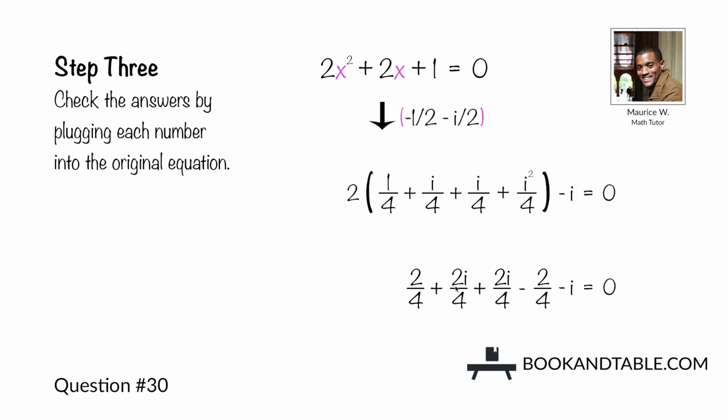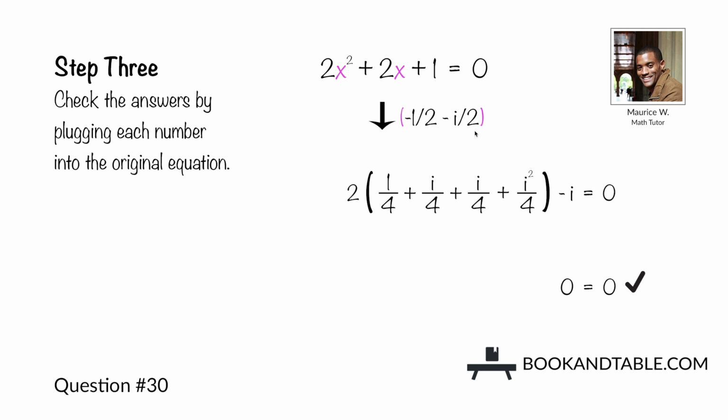And we have 2i plus 2i, which is 4i over 4. 4 divided by 4 is 1, giving us 1 times i, which is i. i minus i is equal to 0. So we get 0 is equal to 0, confirming that x does equal negative 1/2 minus i over 2.